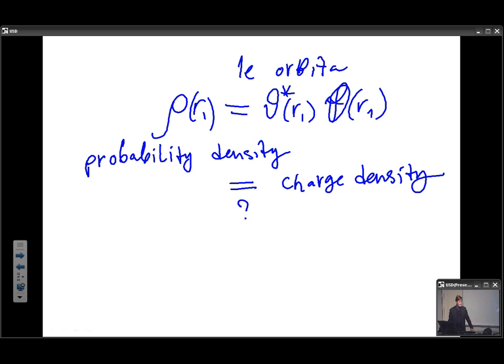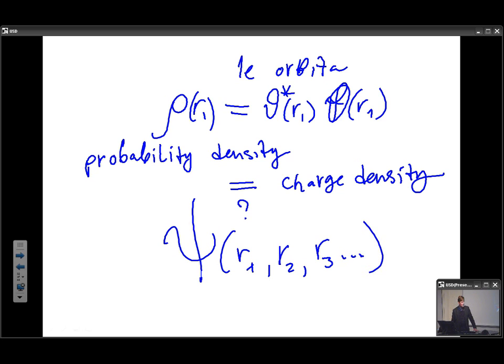But what if we have a multi-electron wave function? If we agree with this step, how do we build multi-electron density? Sum of atomic orbitals? More generally, if you do not know atomic orbitals, if you just have a multi-electron wave function that depends on many electrons, many independent coordinates.